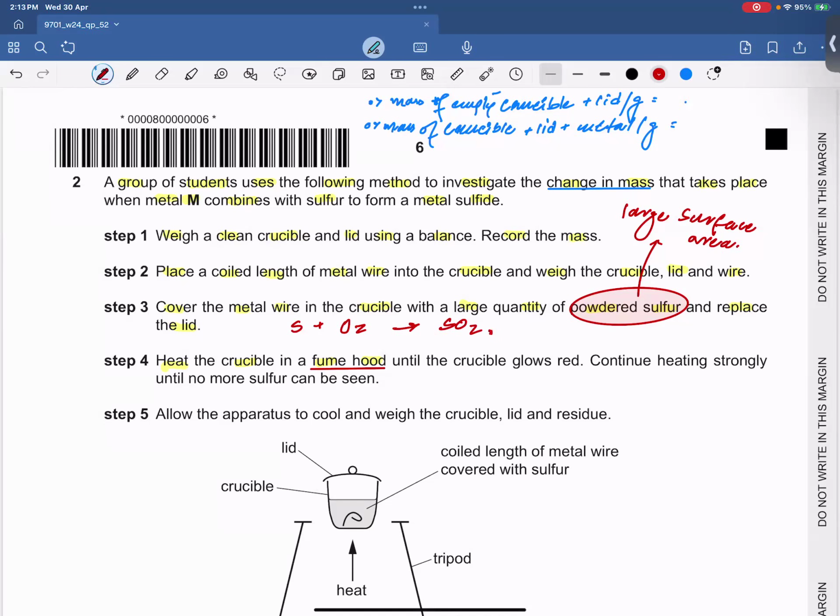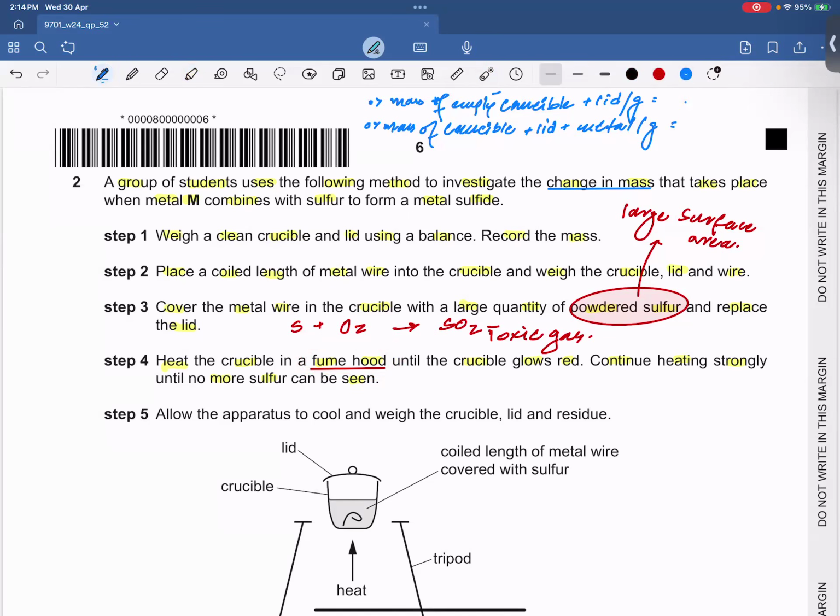Sulfur dioxide is a toxic gas, causes lung inflammation and lung irritation, which is why we need to perform this experiment in a fume cupboard or fume hood. All right. And the crucible glows red. Continue heating strongly until no more sulfur can be seen.